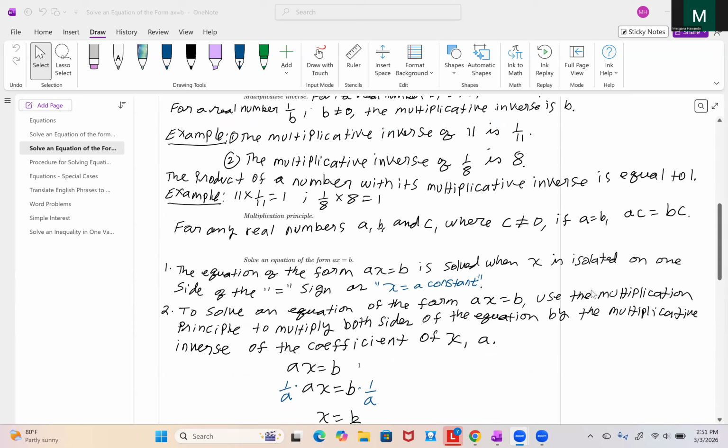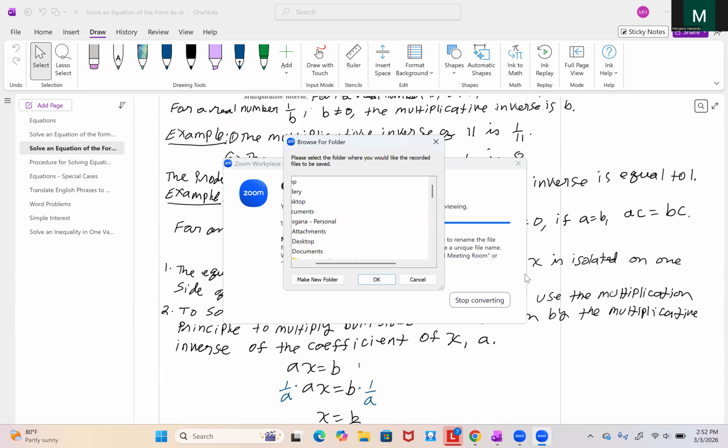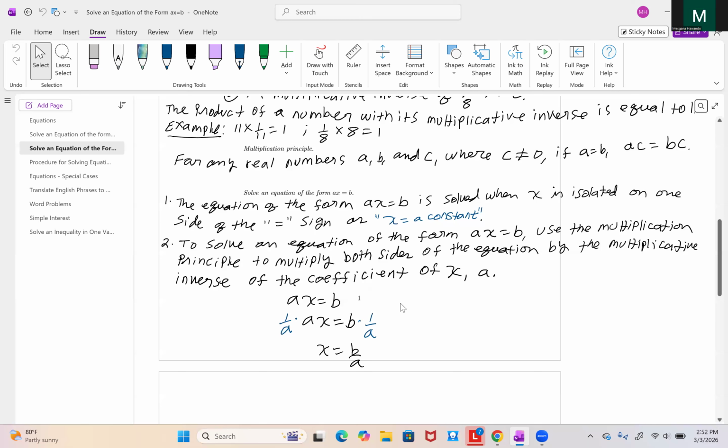So the multiplication principle stated that for any real numbers a, b, and c, but c does not equal 0, if a is equal to b, then a times c is equal to b times c. So using this principle, we have ax = b.